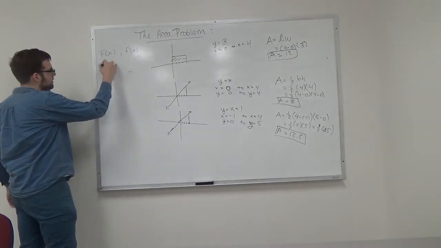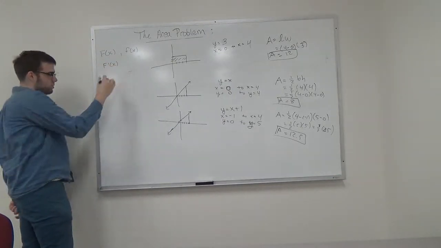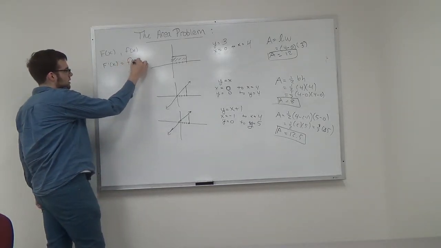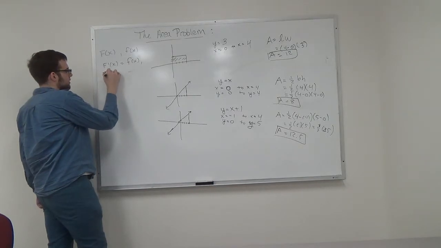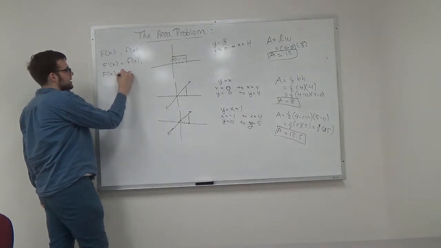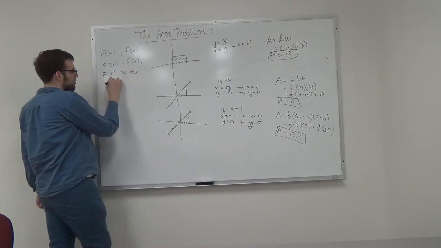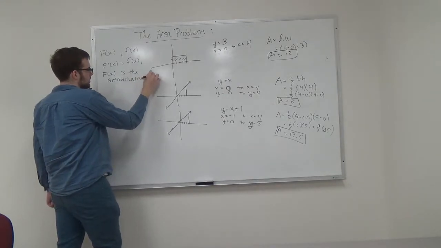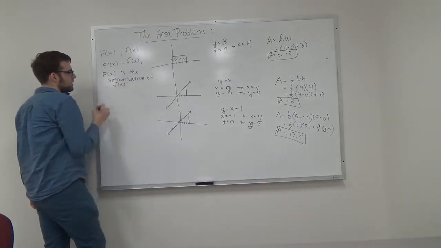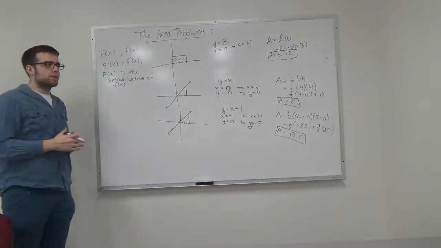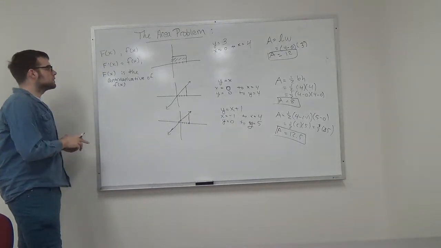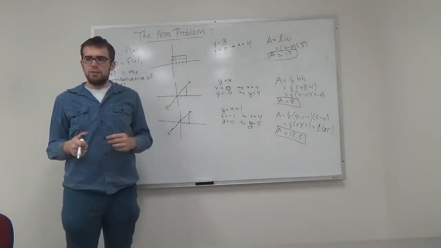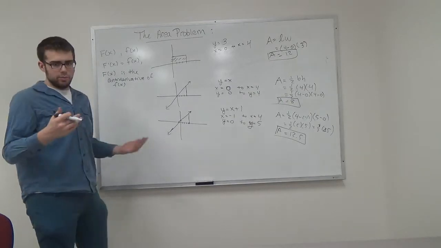But if big F prime of x, which means the derivative of big F, is equal to little f of x, then big F is the antiderivative of little f of x. Pretty straightforward, because little f of x is the derivative of big F of x. So if we have a derivative, we must have an antiderivative.